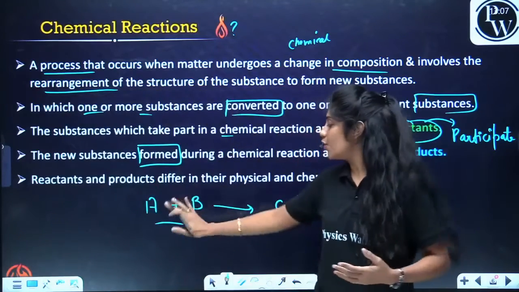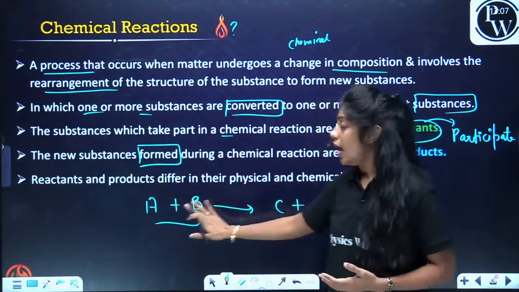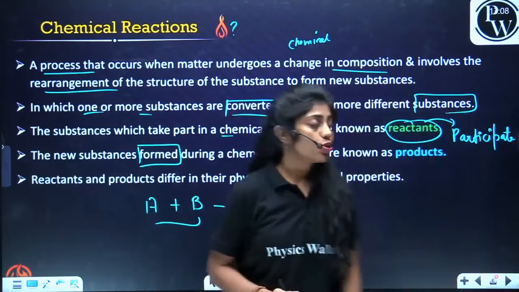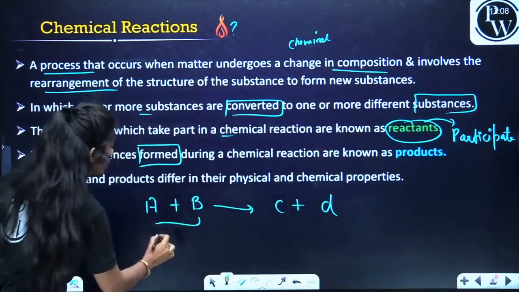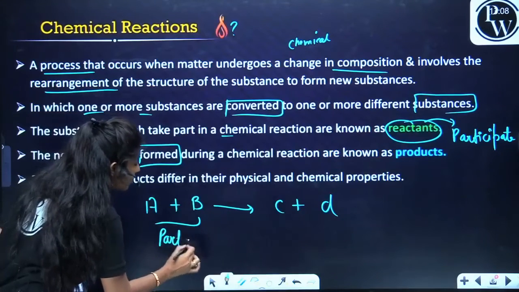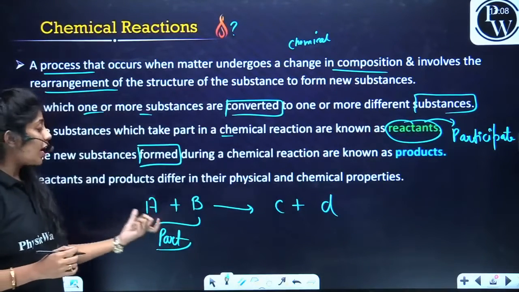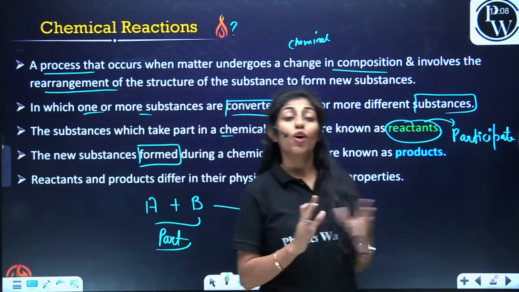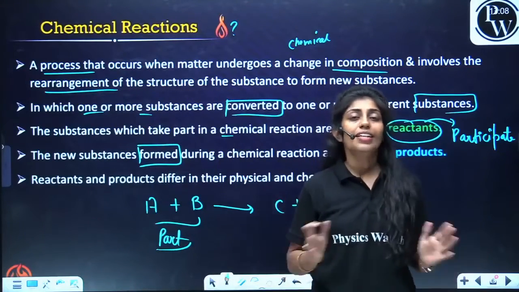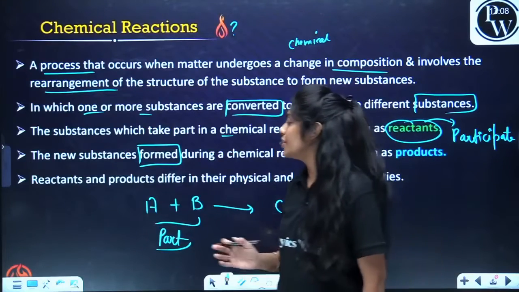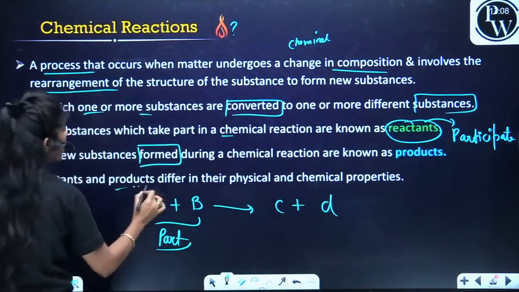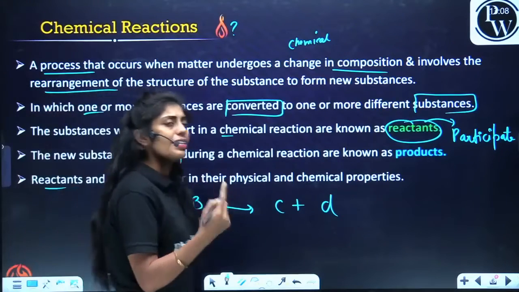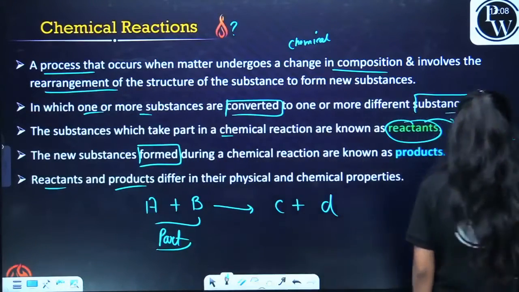So basically here you can see something is reacting and forming a new substance, that is the product. The reactants take part, or you can say they participate, in a chemical reaction, while the products are formed or produced as the result only. Are we good with this? Now, reactants and products differ in their physical or chemical properties. We will be discussing examples in the upcoming slides.